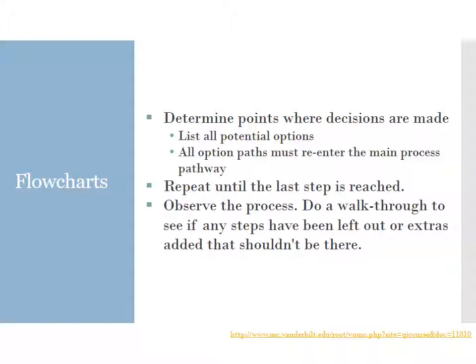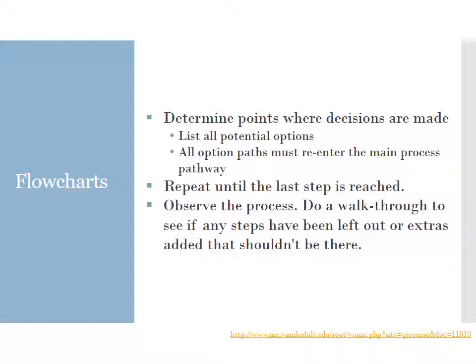Next, determine points where any decision will be made. And for each decision, list all the potential options. And for every option, it must come back into the main process pathway. Keep doing this until you've reached the last step or the output of your process. Then walk through it. Observe the process.